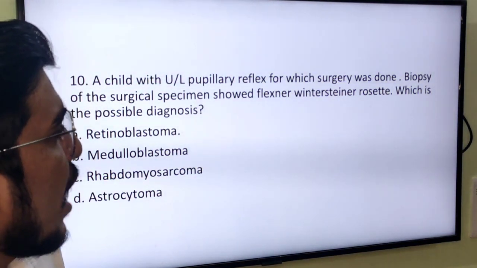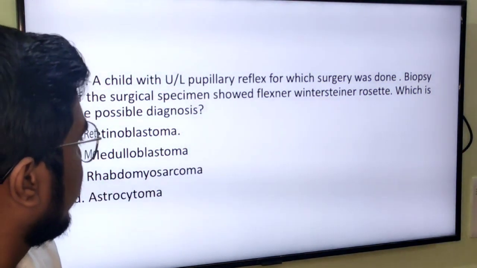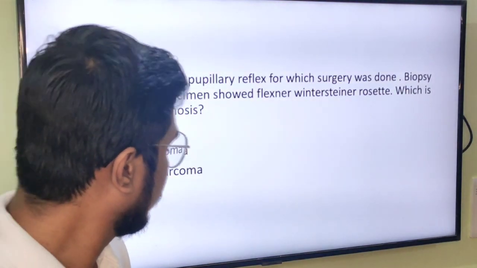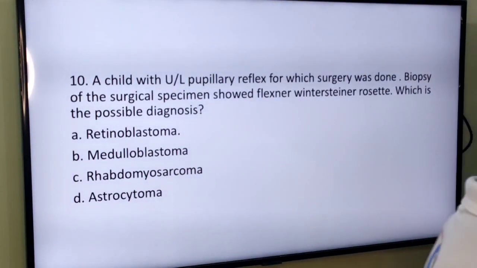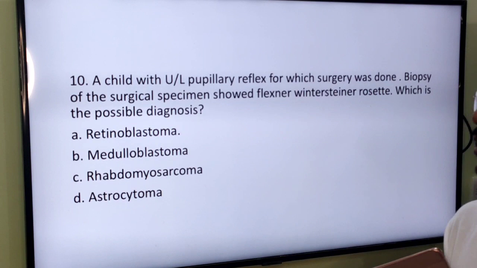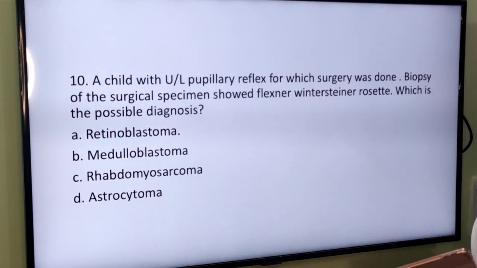Surgery is required for that. What do you think the answer should be? However, this is a unilateral pupillary reflex. It's not a white pupillary reflex that has been given, but the biopsy of the surgical specimen showed Flexner-Wintersteiner rosettes.